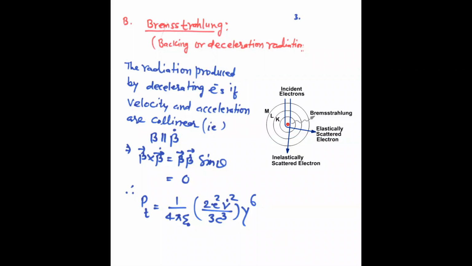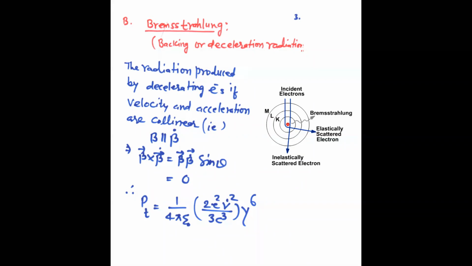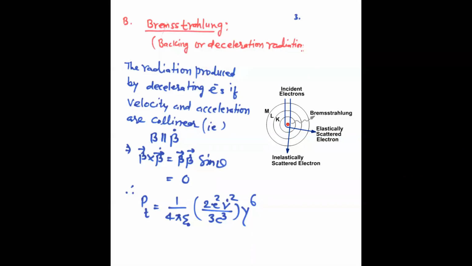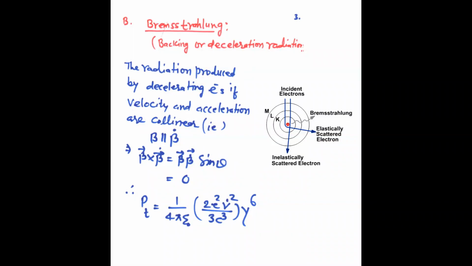X-rays are produced when an energetic electron collides on a target surface, and due to this collision there is some energy loss in the electron, so that it decelerates, and a decelerating electron produces radiation, that is X-ray.